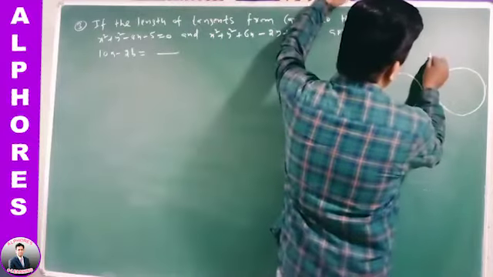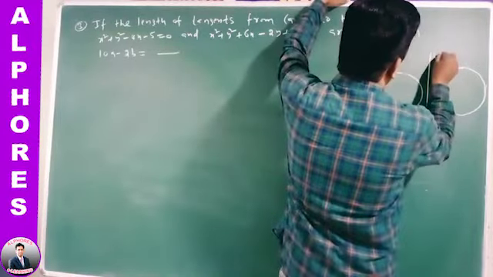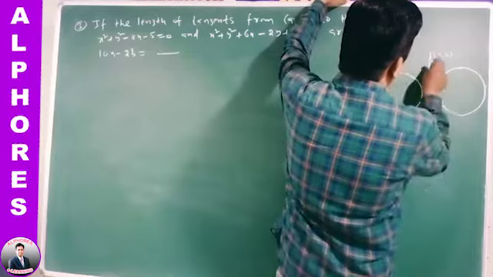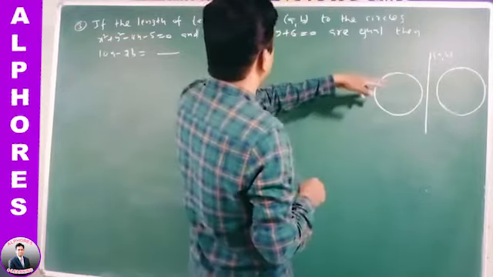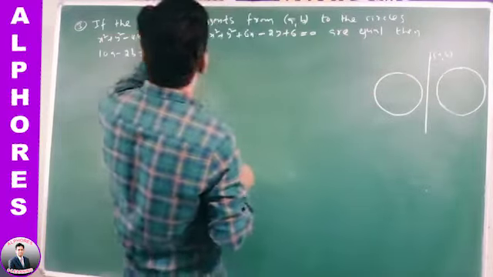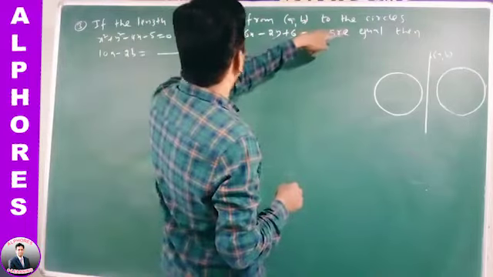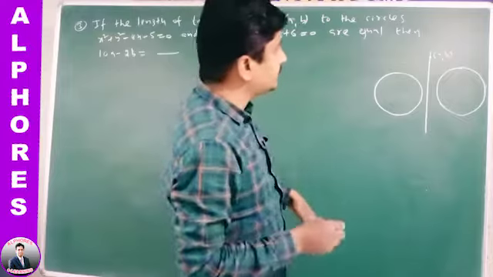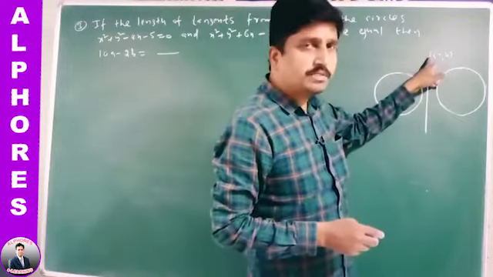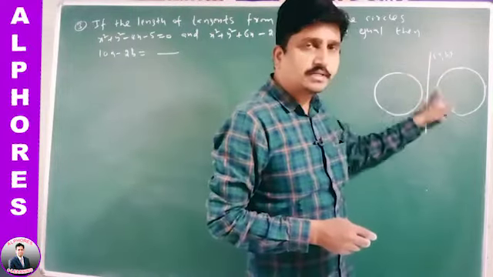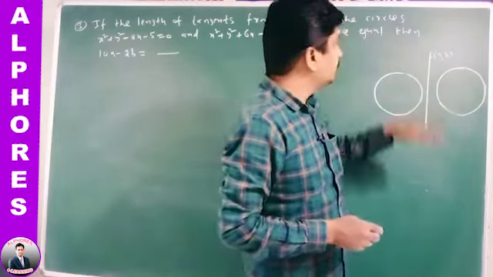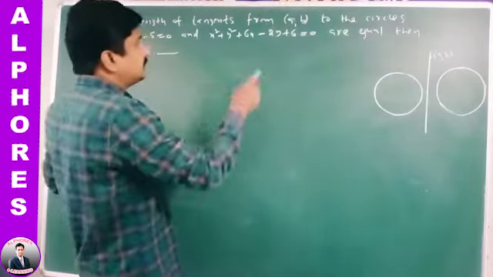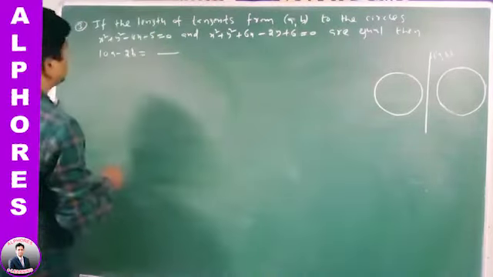Suppose this is the point A comma B. Here, the lengths of tangent from A comma B to the given circles are equal, which means the point A comma B must lie on the radical axis of these two circles.